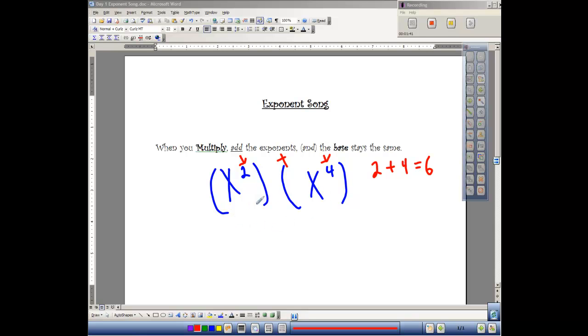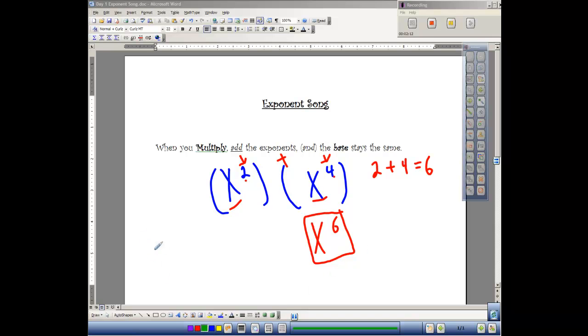My base is x. Bases are the big number. So x to the 6th, 2 plus 4 is 6. That is my answer. When you multiply, add the exponents, the 2 and the 4, and the base stays the same. Let's look at another one.